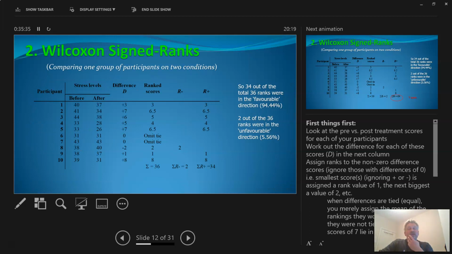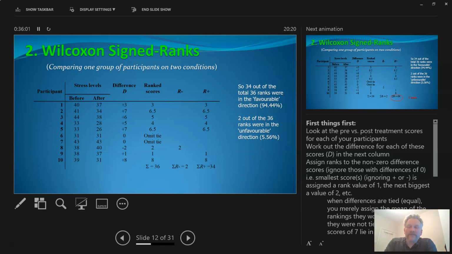Next up, we have the Wilcoxon signed ranks. And so this is the equivalent of something called paired t-tests. So this is where we have one group of participants on a repeated measures or within subjects design, and they get tested on 2 different conditions in a study.